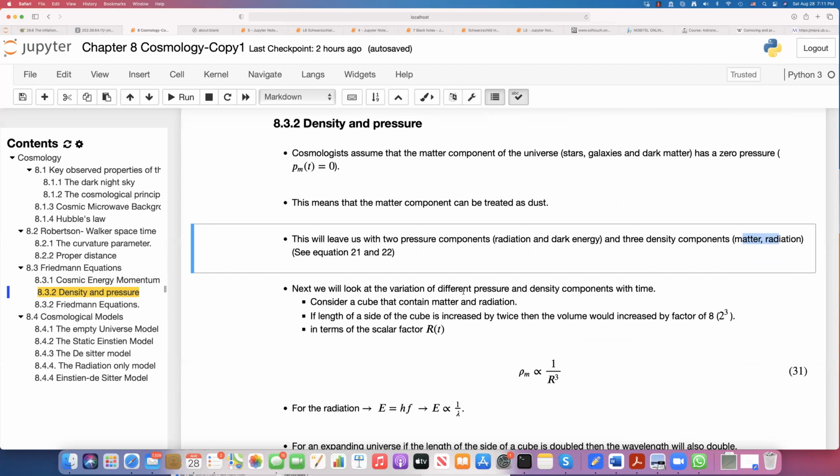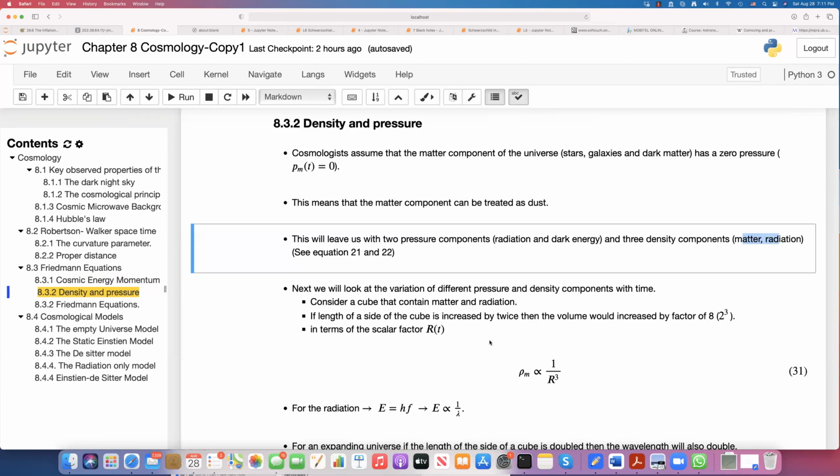Now, if you consider a cube that contains matter and radiation, think that you have a container that has both matter and radiation. If you increase the length of a side of that cube to, let's say, twice, then 2 times 2 times 2, the volume will increase by a factor of 8, right? When the volume increases, the density will decrease.